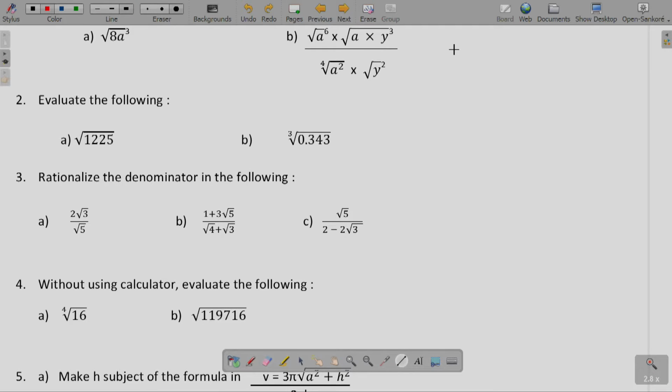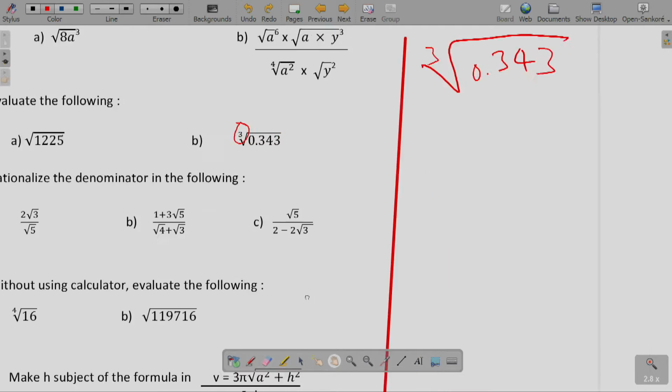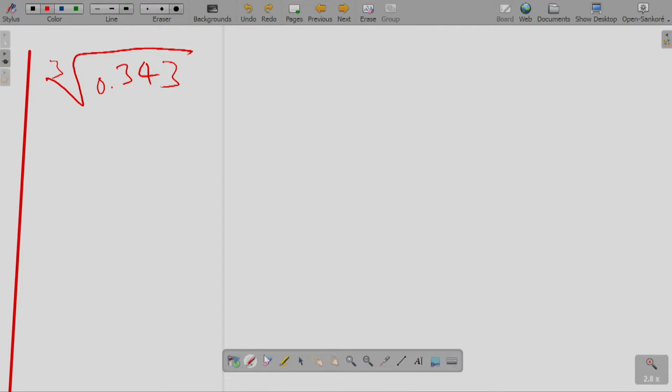We have the cube root of 0.343. To simplify this, we have to write this number to the power 3. So let's first express it as a fraction.